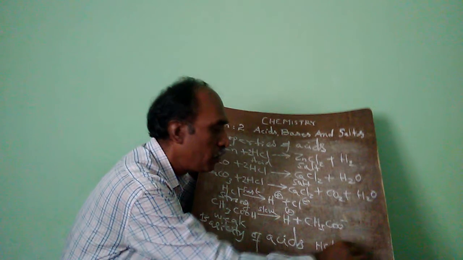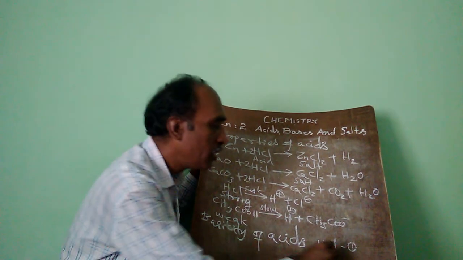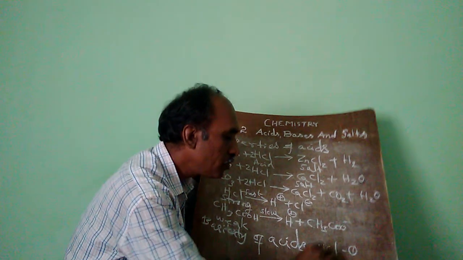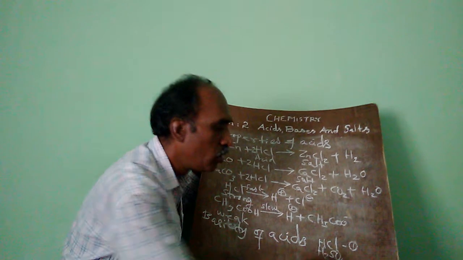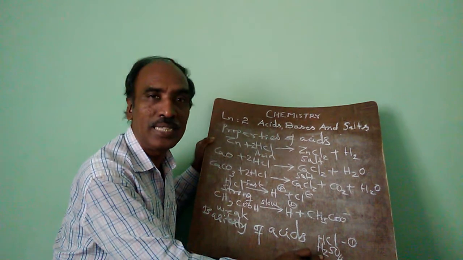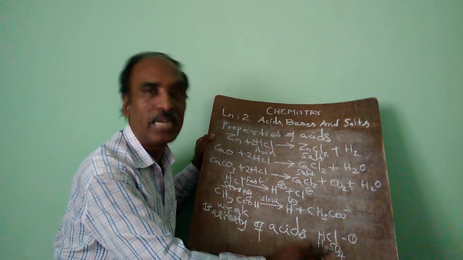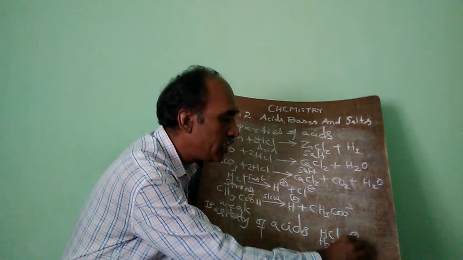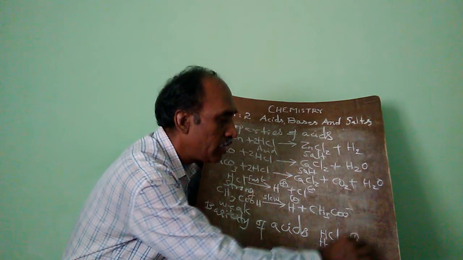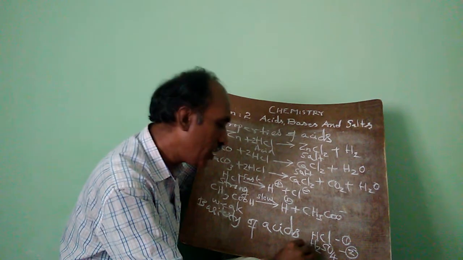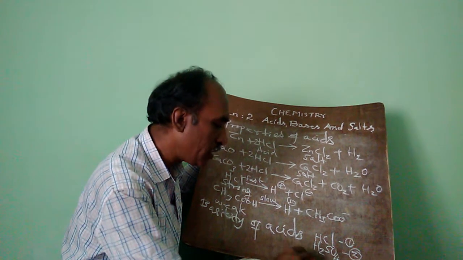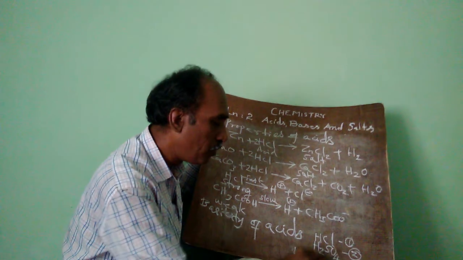Suppose I have H2SO4. Here 2 replaceable hydrogen atoms are there, so the basicity of sulfuric acid is 2. Likewise, phosphoric acid, H3PO4.